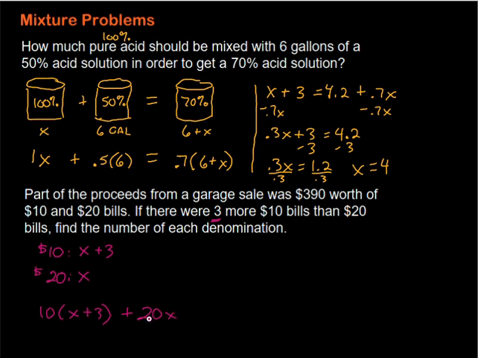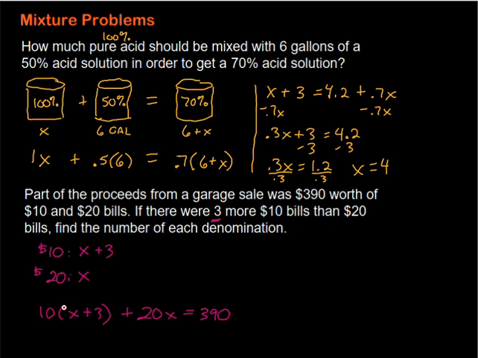This piece right here is the total value of those $20 bills. So if we had 3 of them, it's 20 times 3. If we had 40 of them, 20 times 40. Okay, and now we know the total value is right there, $390.